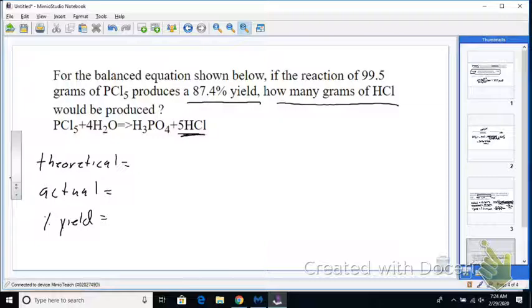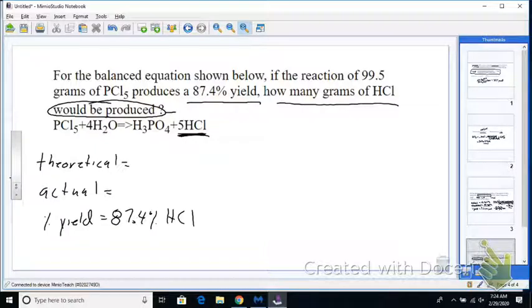So the percent yield of HCl in this reaction is 87.4% yield of HCl. And then what it wants to know is how many grams can be produced or would be produced.